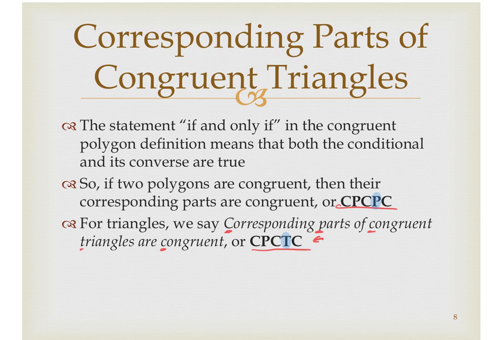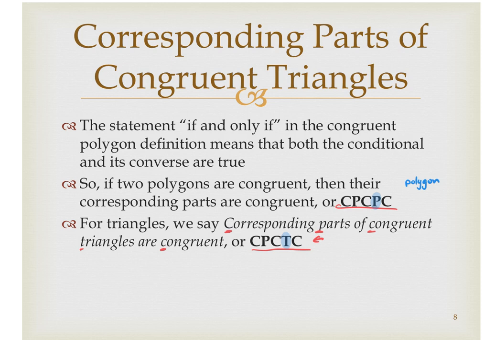The bottom one says corresponding pieces of congruent triangles are congruent. You can pick either. Use whichever one you want. I will say, though, that this name, CPCPC, works for all shapes, as long as it's a polygon. Triangles, squares, rectangles, weird ones, as long as it's a polygon, it'll work.